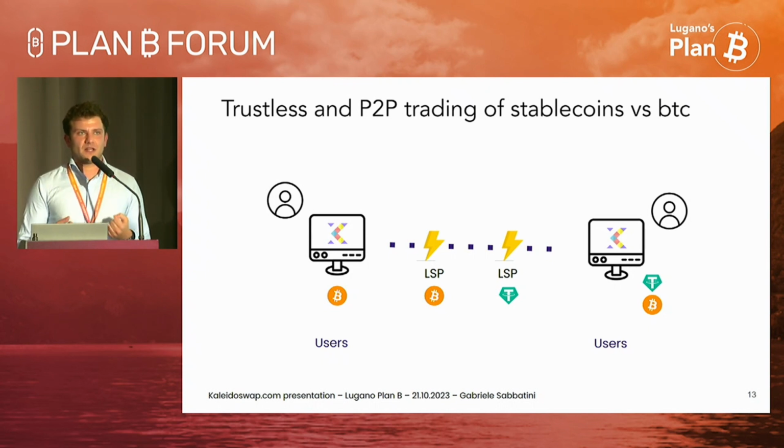Whereas if you are another user, or someone that wants to be on the other side of the trade, it's much more difficult to have all the infrastructure to handle both Bitcoin Lightning channels and RGB Lightning channels, right? So it's reasonable to assume that Lightning service providers will start providing these services both for Bitcoin liquidity and for Tether RGB liquidity, and so the connectivity would be much better.